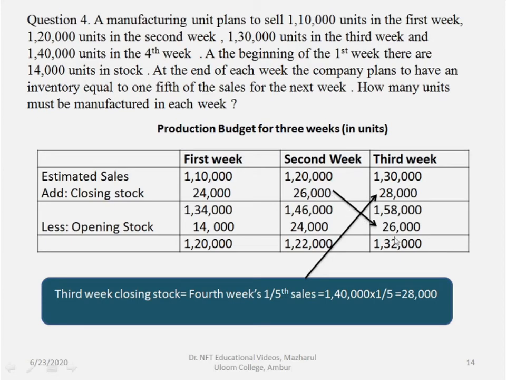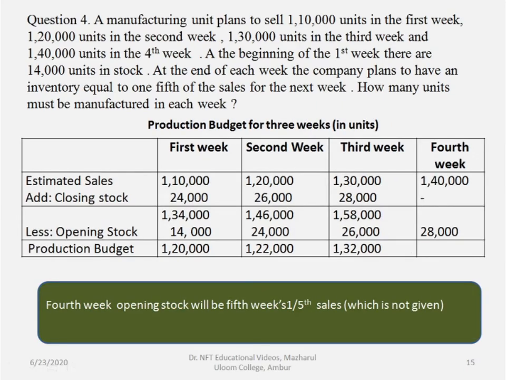Second week's closing stock is the third week's opening stock. So already we have recorded. So 28 from 1,30,000, you add the closing stock of 28,000, less opening stock 26,000, you get the production budget of 1,32,000. The fourth week's details are incomplete, because the fourth week's opening stock will be the fifth week's 1/5 sales, which is not mentioned.